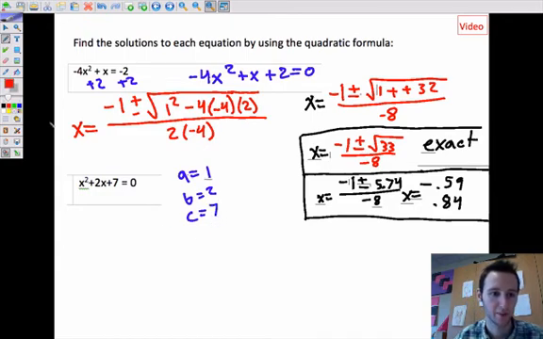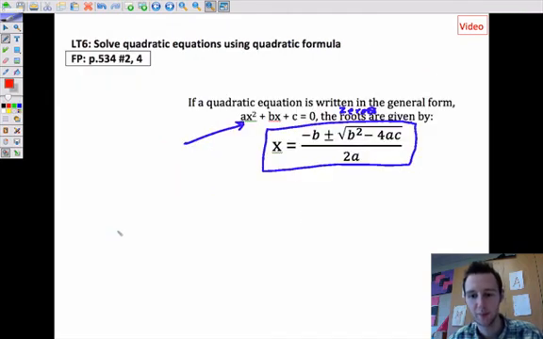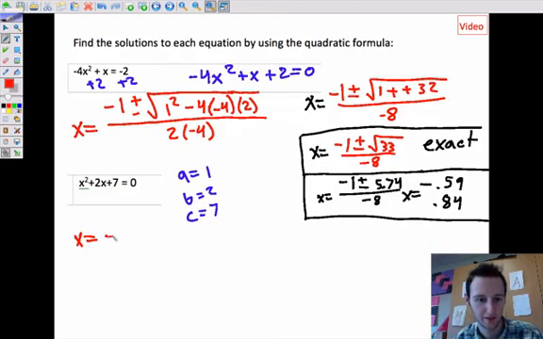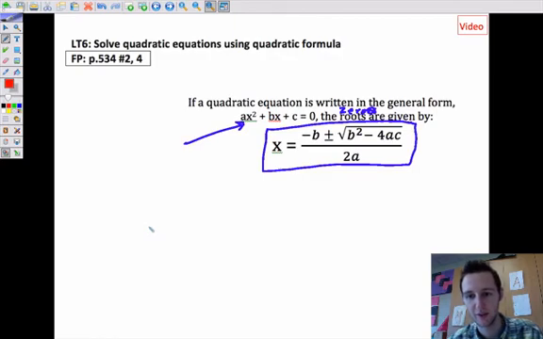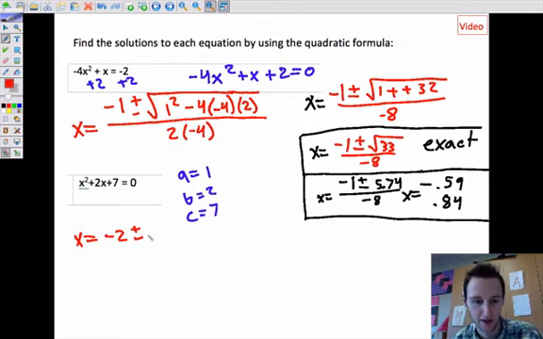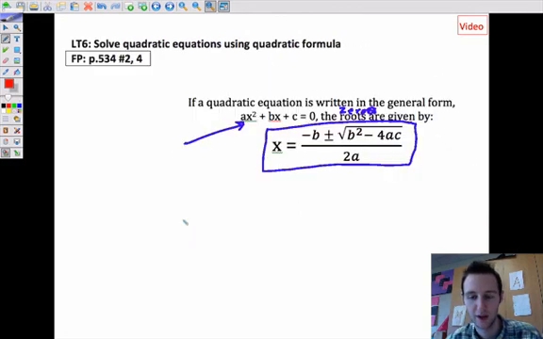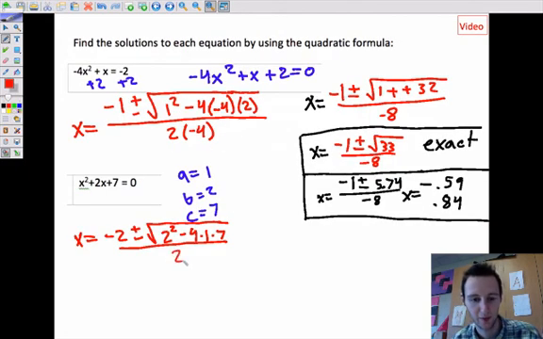So I'm just going to go ahead and plug those into the formula. x equals -b plus or minus, so -2 plus or minus the square root of b squared minus 4 times a times c. And all of that is just going to be over 2a, which is just 2 times 1, which is just 2.